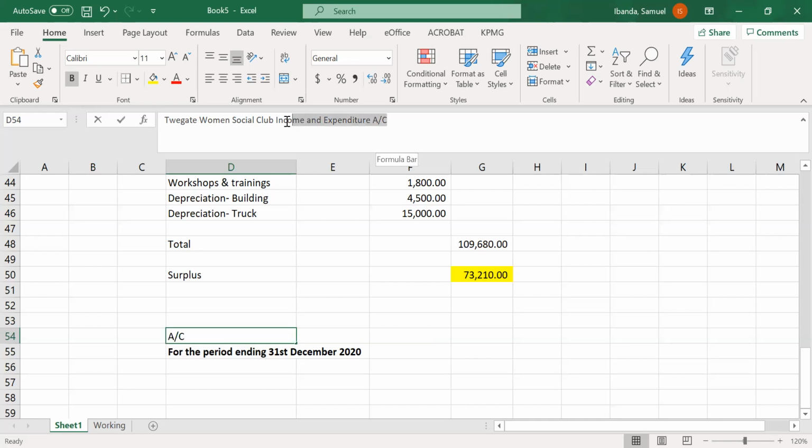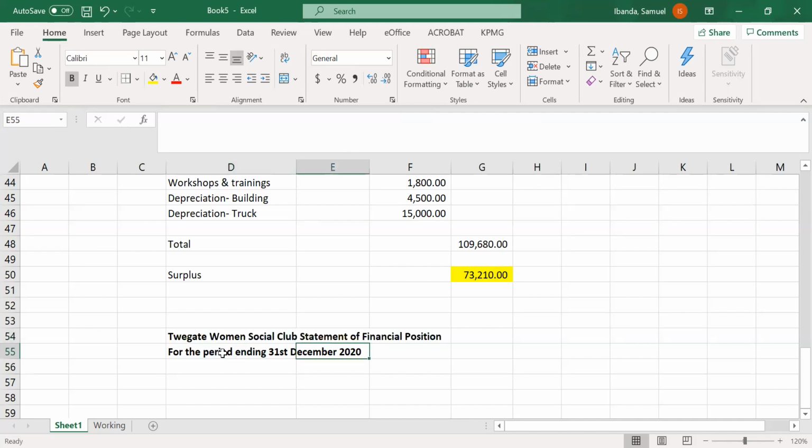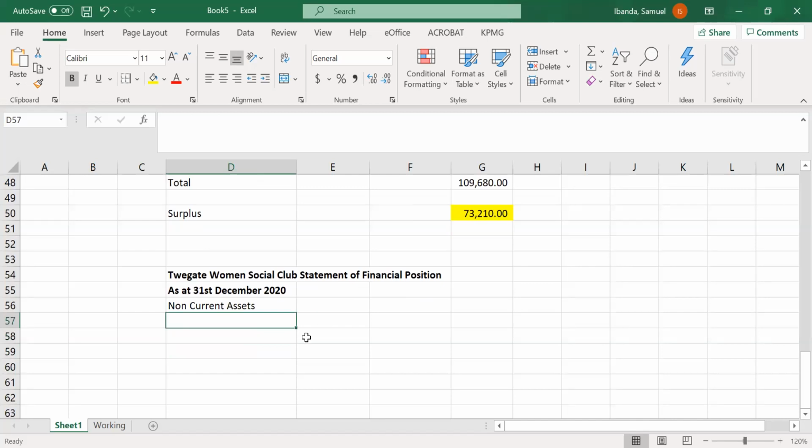This is going to be statement of financial position, as at 31st December 2020. So you start with your non-current assets.